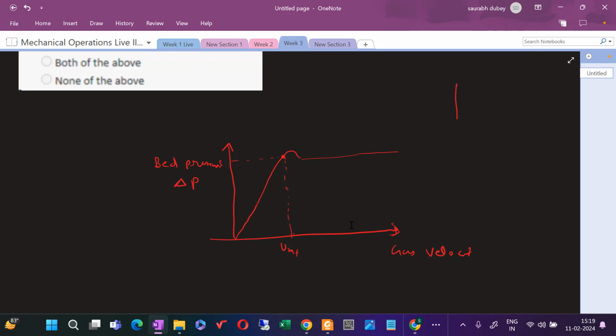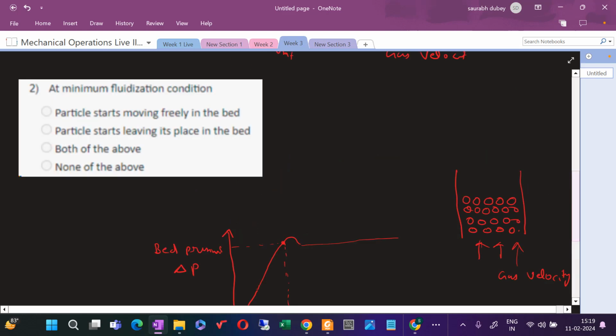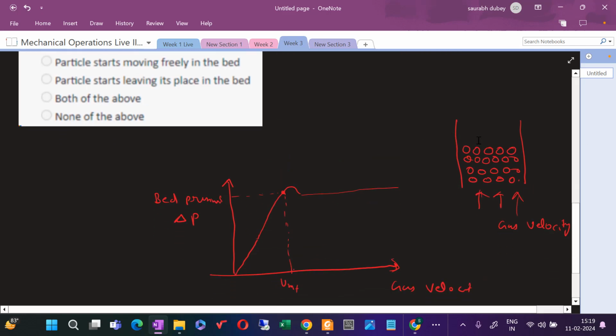Like, this is the bed, and initially this bed was packed because whatever drag was felt by these particles because of the gas velocity from the bottom did not have that much influence that it would move.